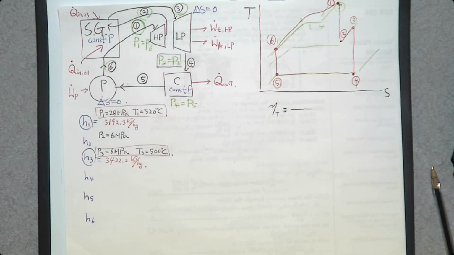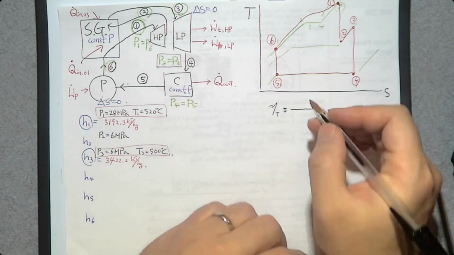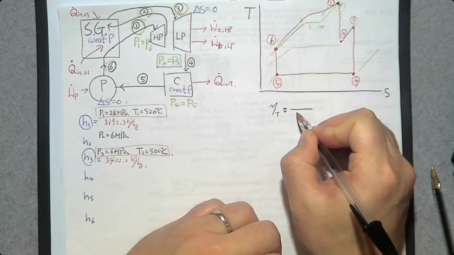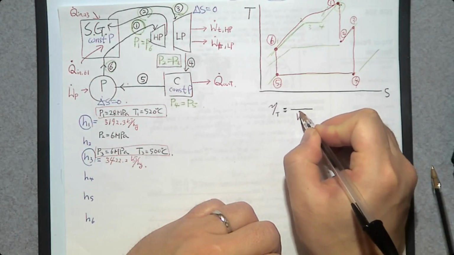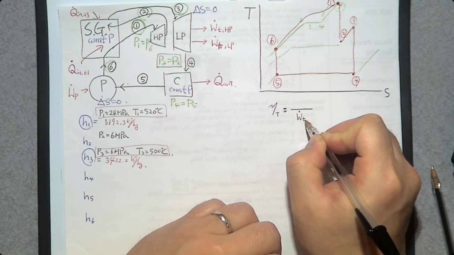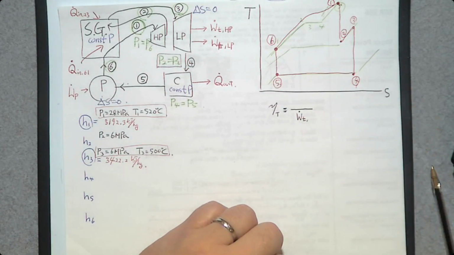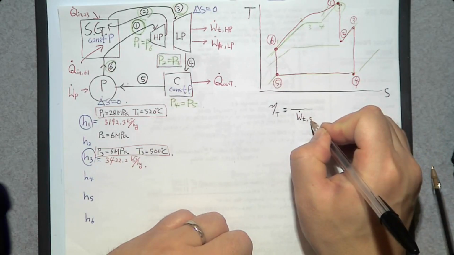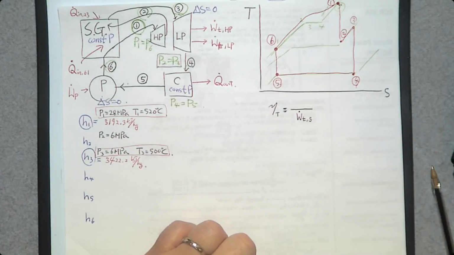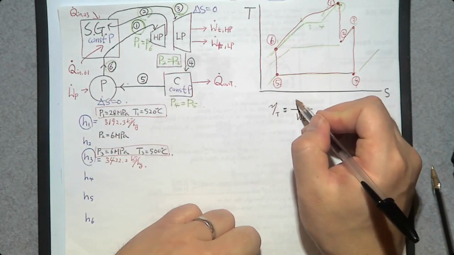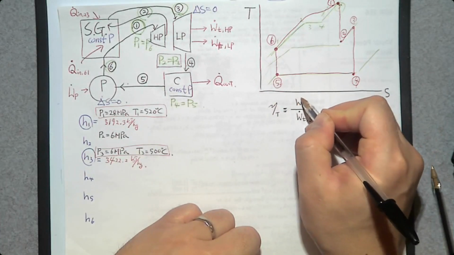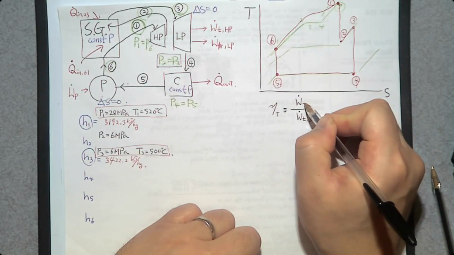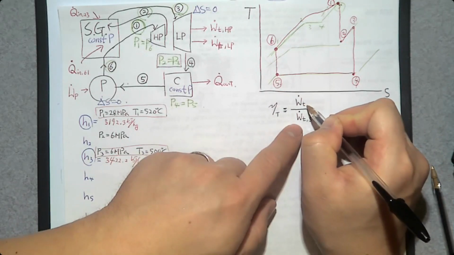Of course, the ideal turbine is going to produce the largest power. So we can say the turbine power produced by the ideal turbine, and I'm going to say S to show that this is the isentropic turbine, and the actual power is going to be less than the ideal turbine.